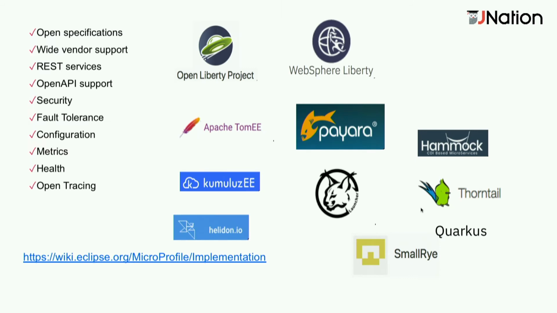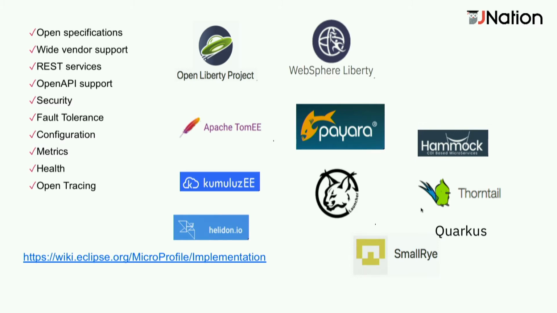So these are the implementations you can choose from. In IBM, we have Open Liberty, and then fold into WebSphere Liberty. And in Red Hat, you have Thorntail and SmallRye, which is a library for implementing MicroProfile specifications, and also Quarkus. I know later on Barsata is going to talk about Quarkus in the closing keynote.